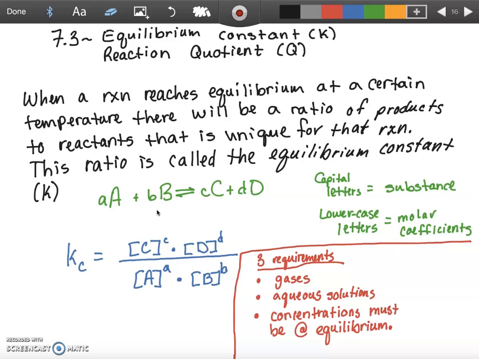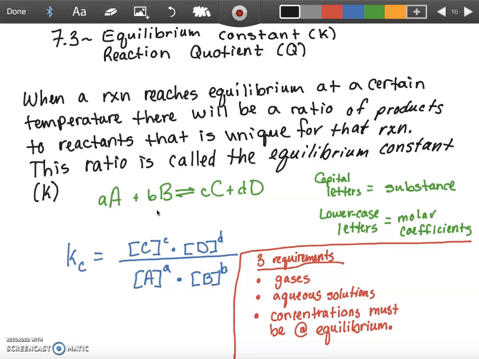And I have a general reaction right here where the lowercase letters represent the molar coefficients that you would find in front of the substances, and the capital letters represent the actual substances themselves. So to write an equilibrium expression, you would start off with Kc, the letter for equilibrium constant.